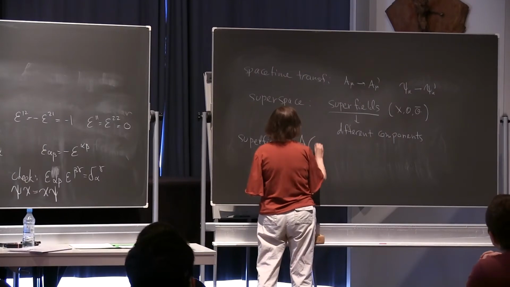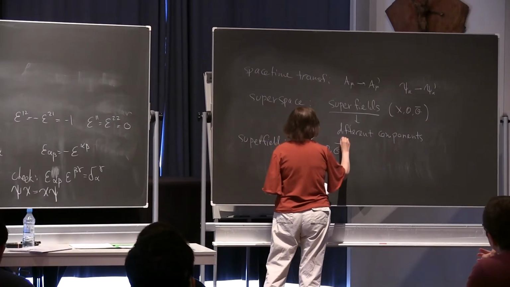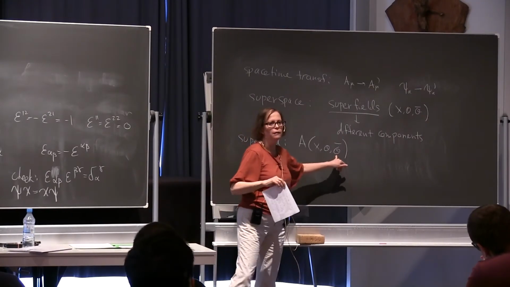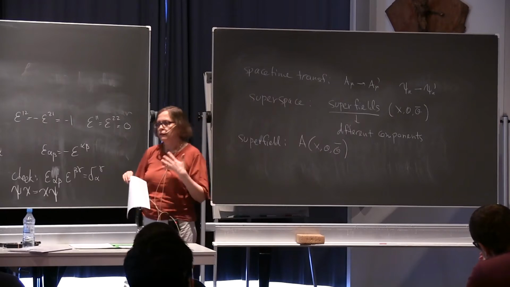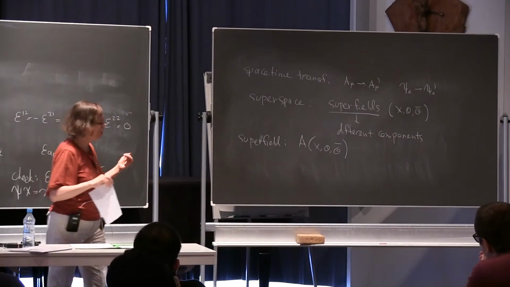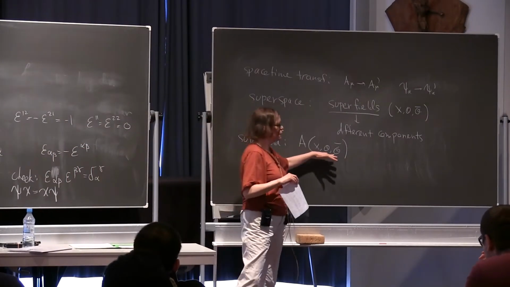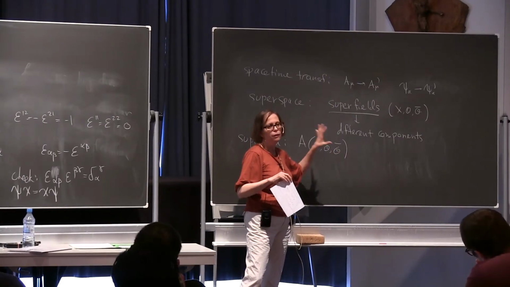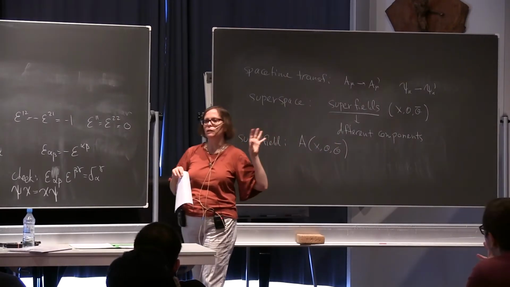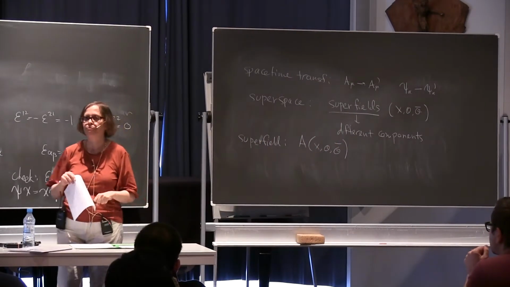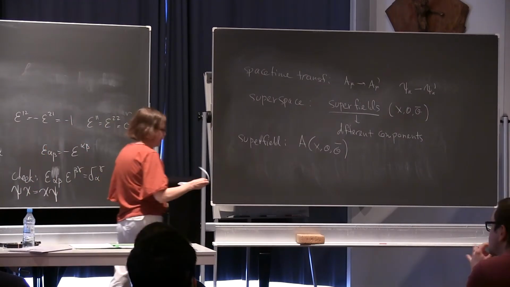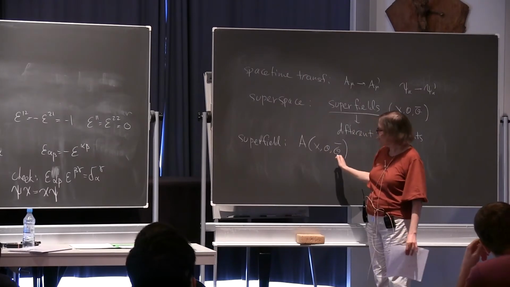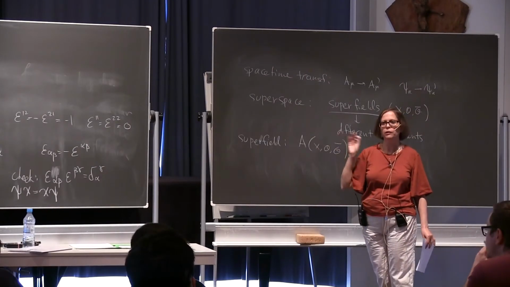It's something that will depend on x, theta, and theta bar. And of course, these are very weird coordinates, so I need to make sense of this. What does this mean? It just means that I can formally expand this function as a Taylor series in theta and theta bar. The coefficients of that are going to be normal fields. And because theta and theta bar are Grassmannian, this is going to be a very short expansion.